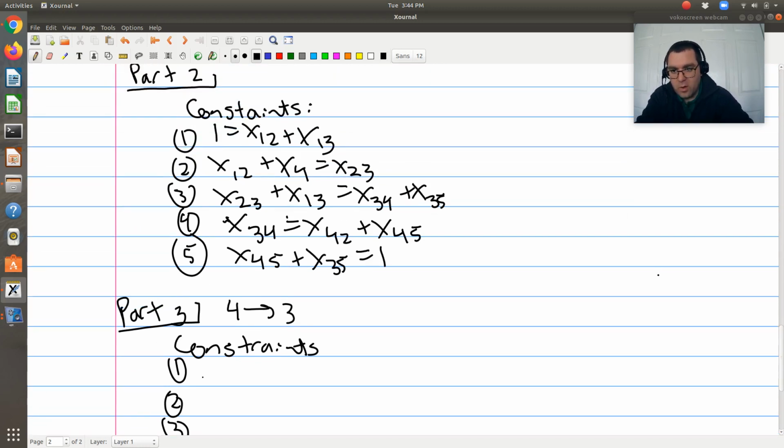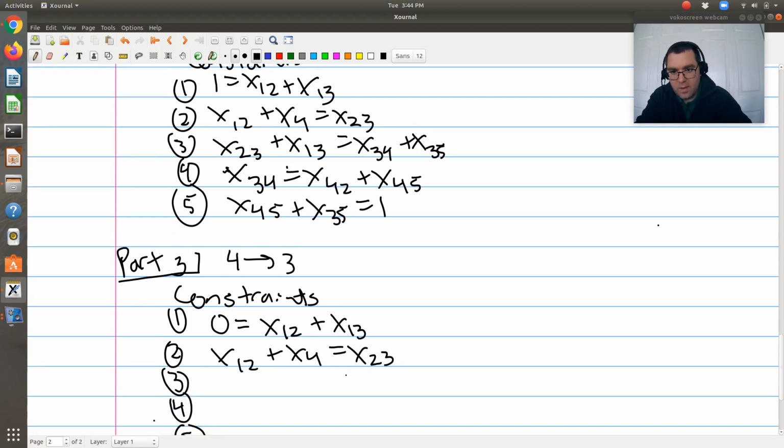I no longer have a unit entering node 1, so it'll just be 0 is equal to x12 plus x13. Node 2 is the same as the last part. Node 3 is now where I'm leaving. Remember, my balance is in is equal to out. What's coming in will be exactly the same. What's going out, I'll need to include this exit stream.